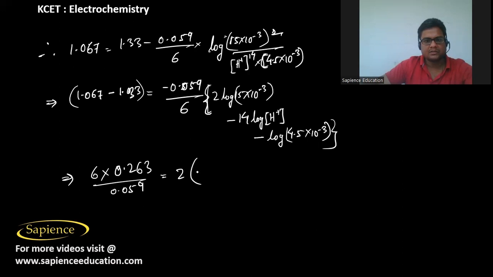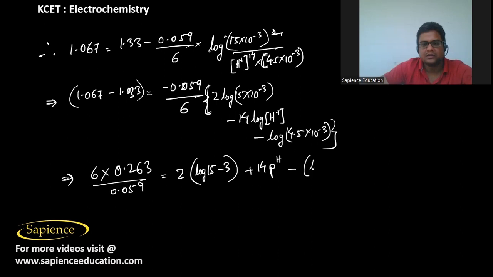It means it is log 15 minus 3. Then plus 14 pH, since minus log of H+ we can write as pH. And minus log of 4.5 minus 3. So 15 3s are 45.